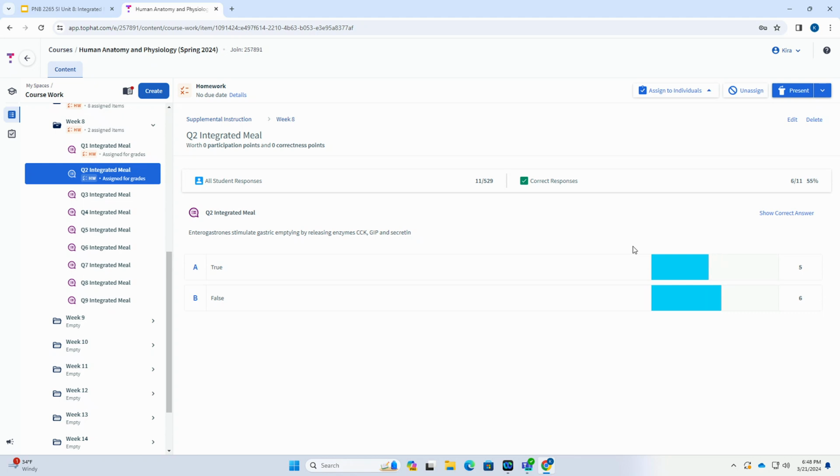If you remember, we talked about how the pyloric sphincter is innervated by nervous control, which can help stimulate gastric emptying, and also food in the stomach helps stimulate gastric emptying. Enterogastrones inhibit gastric emptying. Does that make sense? Okay.